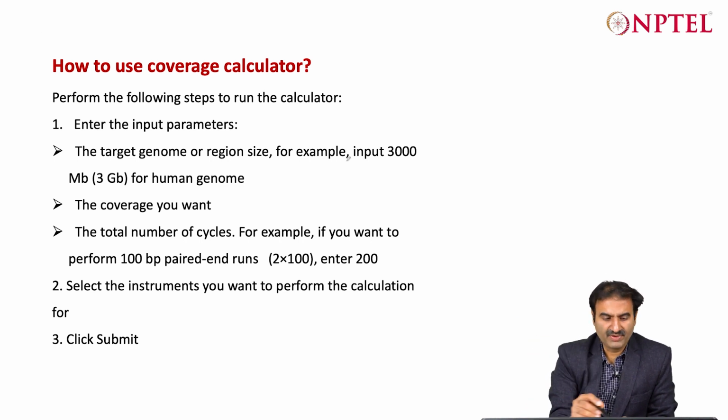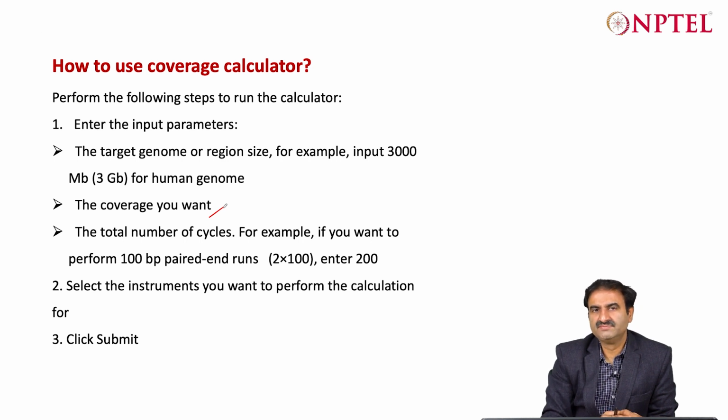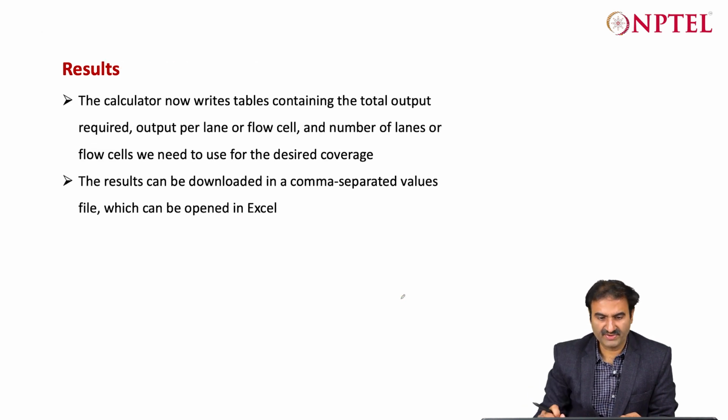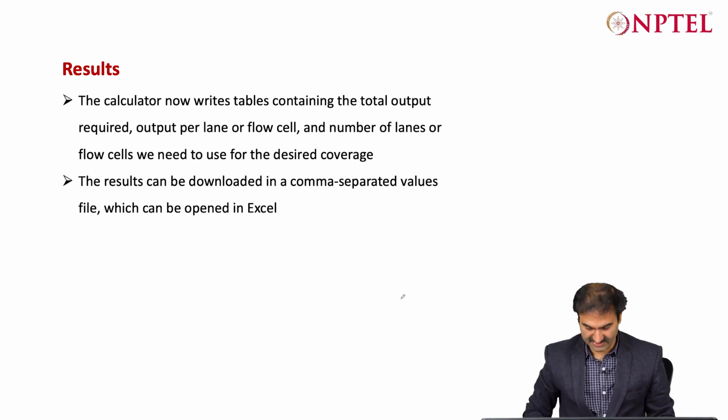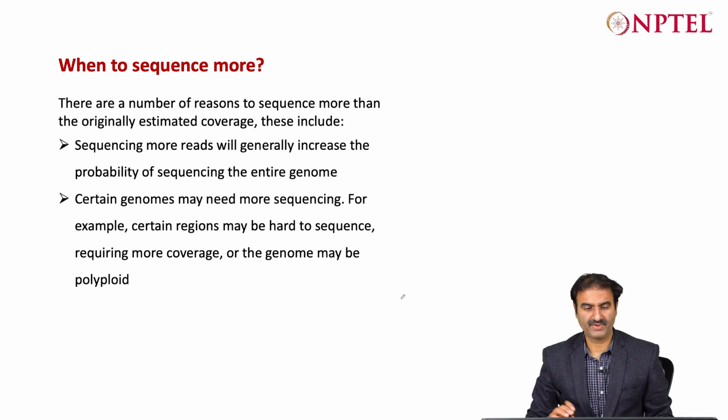You have to give the input genome size, the target region or size, and what coverage you want. Based on that coverage, and after you select the instrument, it will tell you how many cycles and how much total consumables you need. You can download this information and it will help you plan.